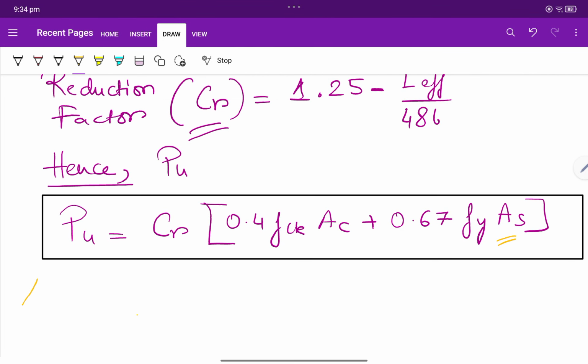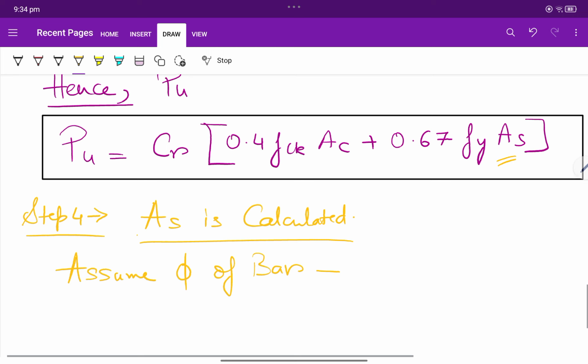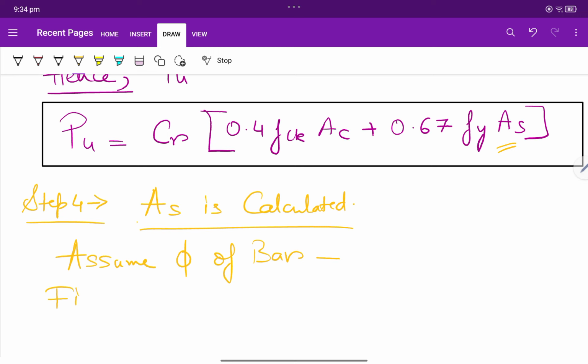Now step 4 is that you have to find out the number of bars. So As is calculated. Now assume the dia of the bar, and thus find out the number of bars.